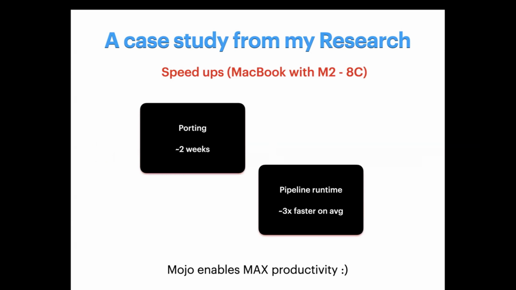I think Mojo worked out pretty great for the porting, and not just on the runtime side, but also on the more productive developer experience. To me, as a physicist, being able to write such performant code quickly is definitely the best selling point of Mojo.